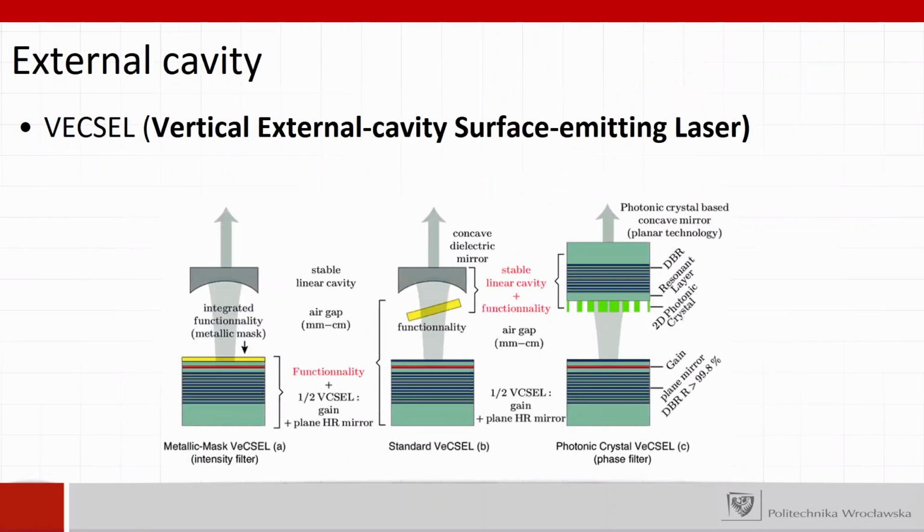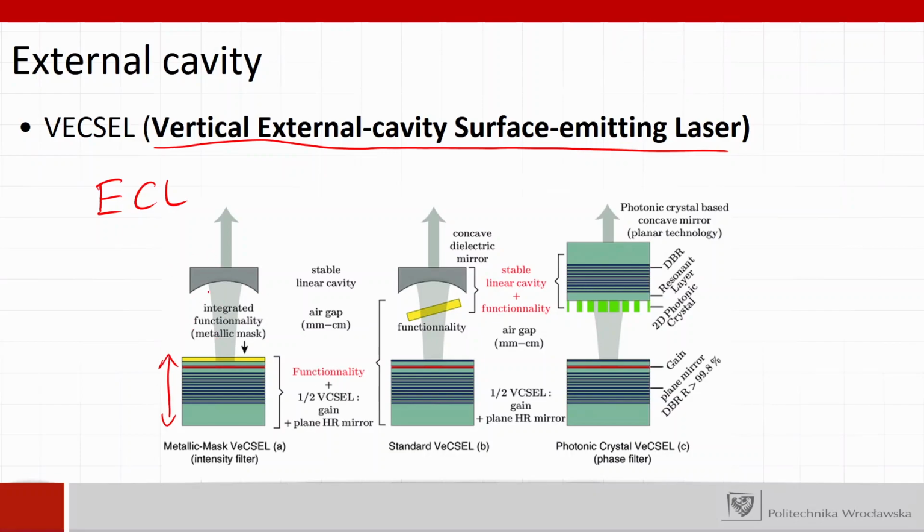And a modification of the vertical cavity laser is a vertical external cavity surface emitting laser. So this is basically the same thing as the ECL that I was showing you 3 slides ago. So this is just a VCSEL, a vertical cavity laser with a separate mirror.